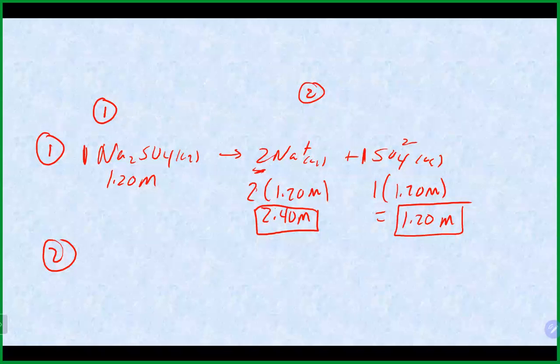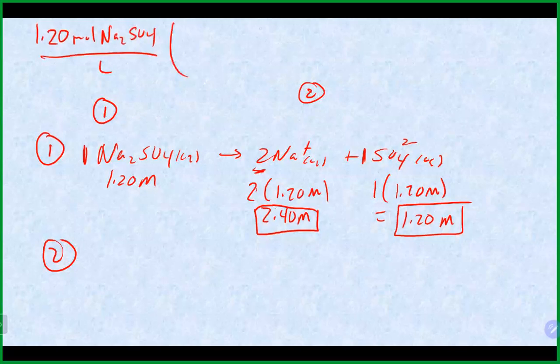Once again, the longer, more stoichiometry approach is 1.2 moles of the entire thing per liter. Using our stoichiometry, 1 mole of the whole thing gives us 2 moles of the sodium ions.